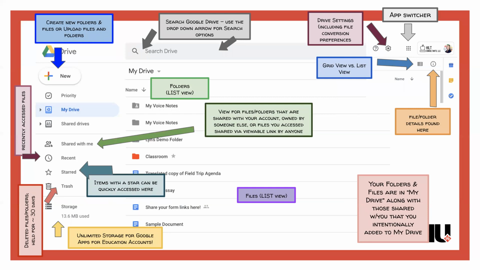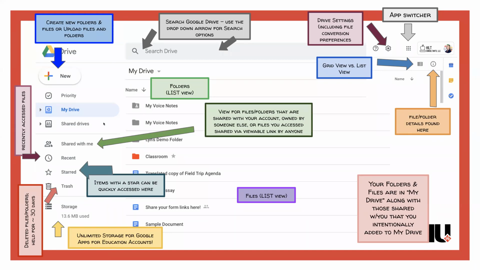So this is like a little map of Google Drive, the main interface, and I labeled all the pieces. So if you're ever wondering, what are these lines? What do those mean? What is this little gear wheel? The longer you use G Suite, the more familiar you're going to become with the icons, because they try to stay consistent with the icons throughout all of the apps.